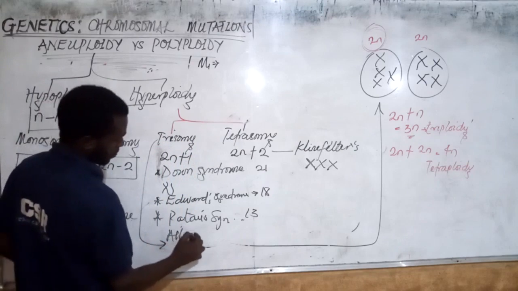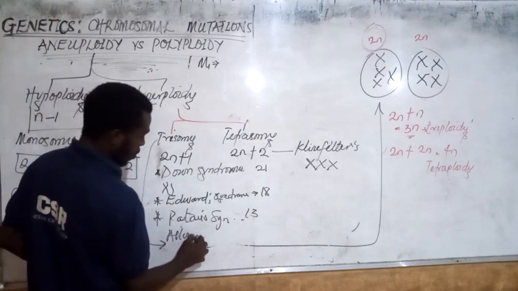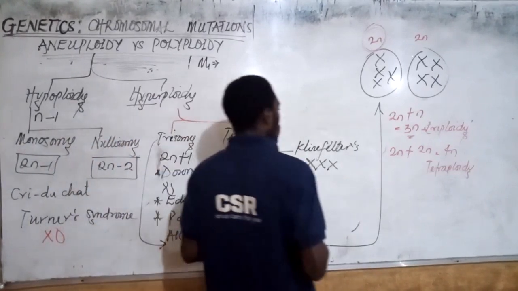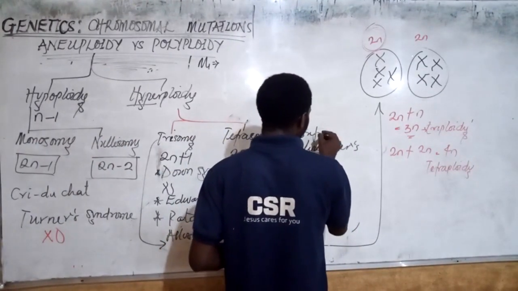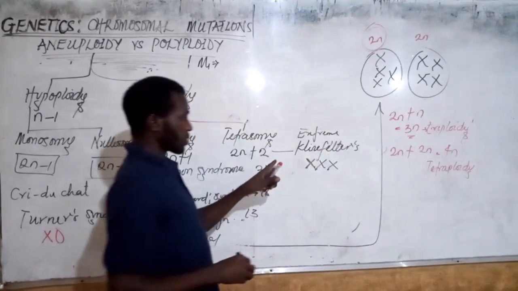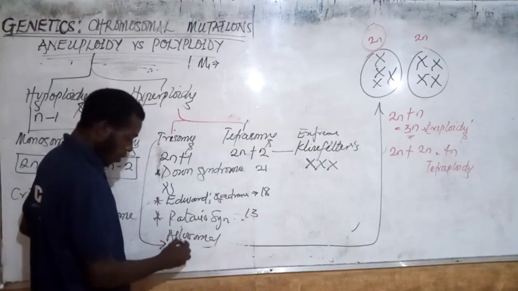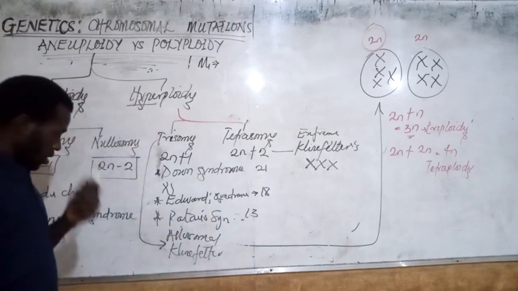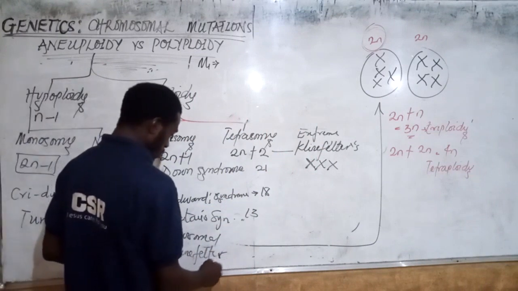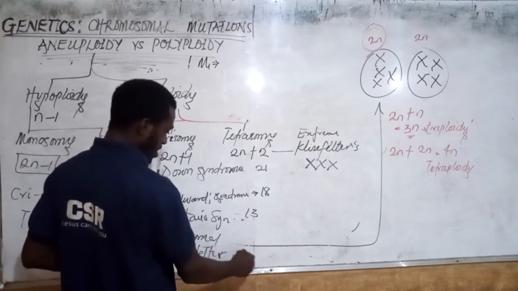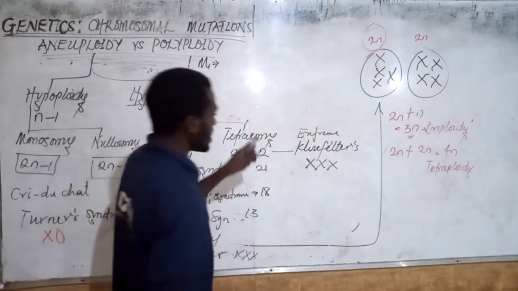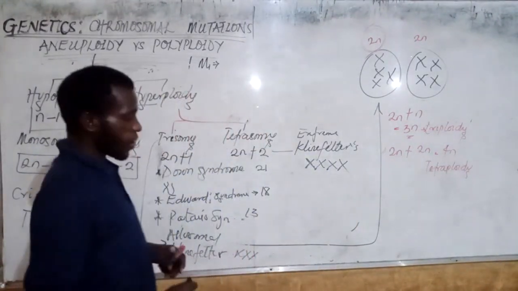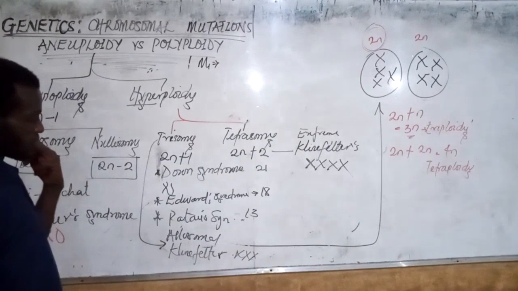If it's allosomal, what happens is the super female, so that we have the XXX chromosome, an extra duplicate of X. But in tetrasomy, it is the extreme case, where you are going to have 4 X's. Alright, so that is that.